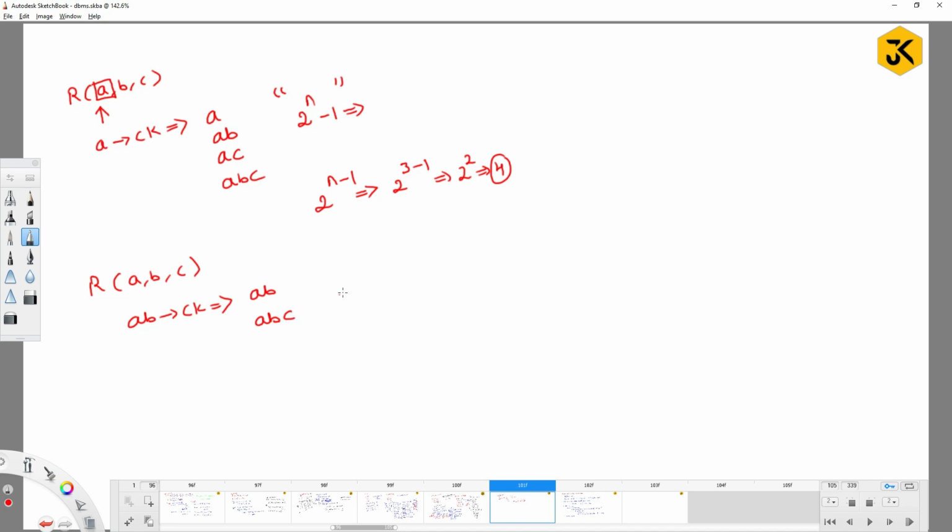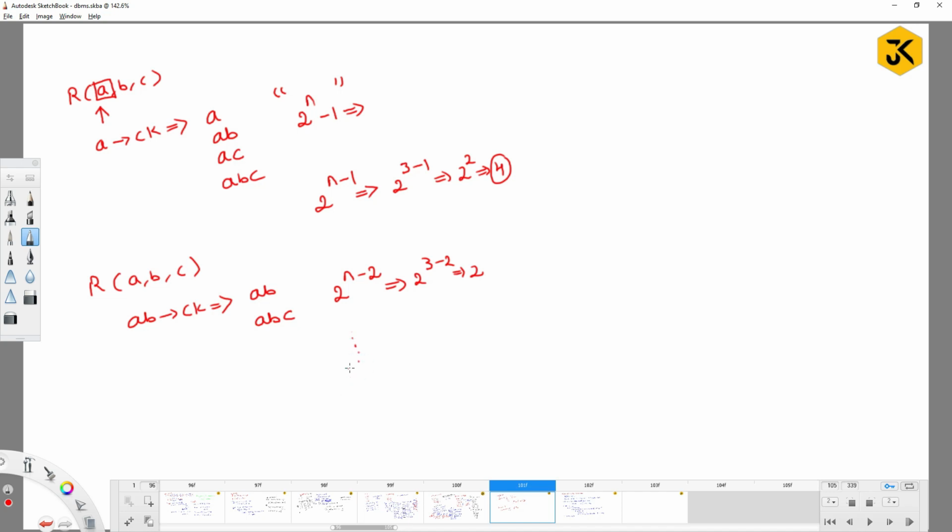Now is the formula applicable? 2 power n minus 2. So what does this 2 represent? The number of attributes in the candidate key. So you can say this is 2 power n minus 2. You will get 2 power 3 minus 2 as 2.